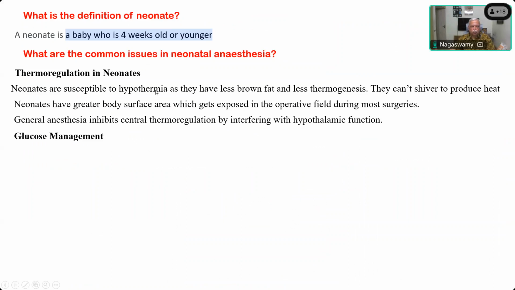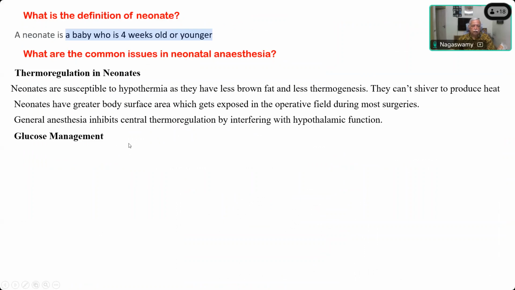You have to take all precautions, as you said: warming the IV fluids, increasing the operating room temperature to anywhere between 28 to 32 degrees, which should be the ideal temperature for neonatal anesthesia, and using warming blankets and warming lights.